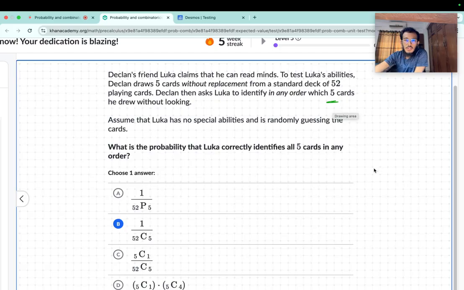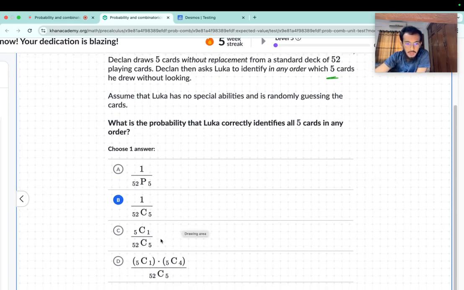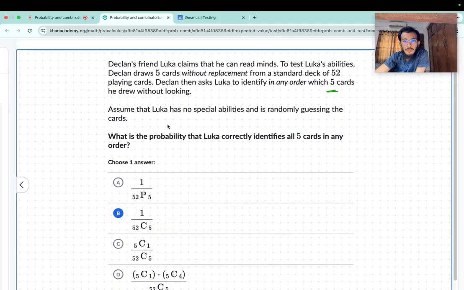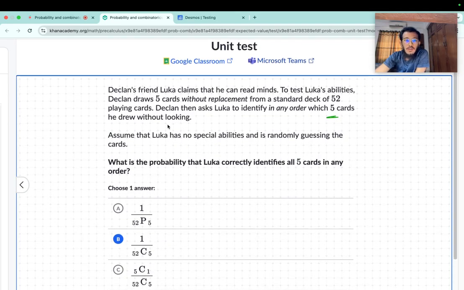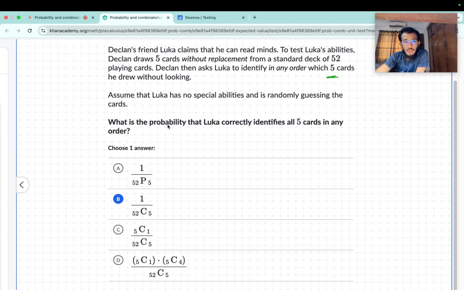The total would not be A. Now, whether the answer is B, C, or D, you have to choose all five without replacement, in any order, which five he drew without looking.